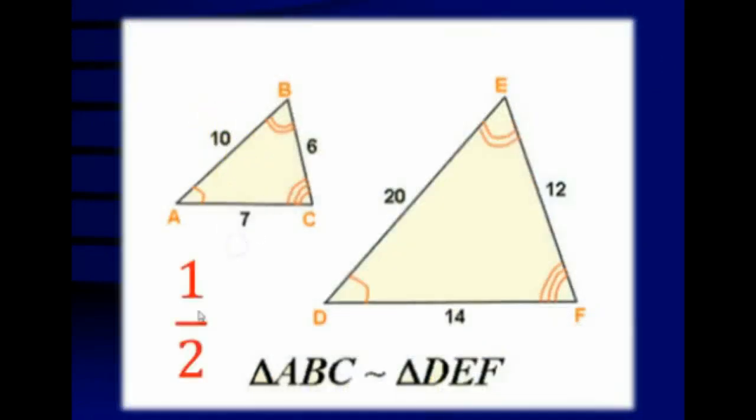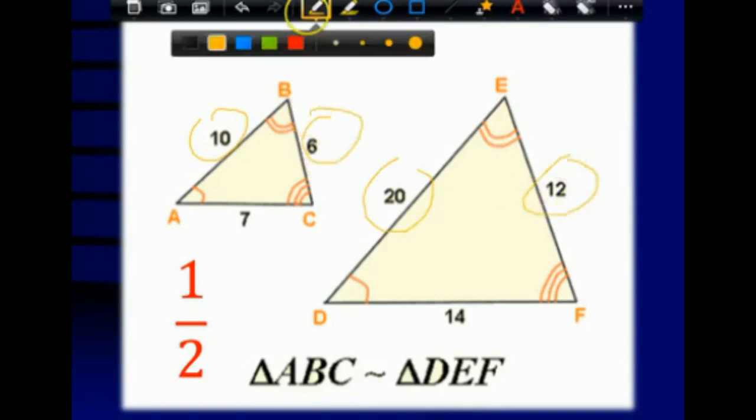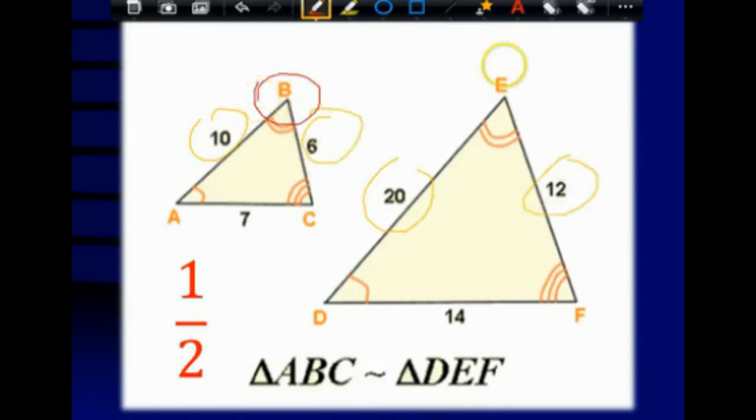If we show that these ratios are the same, but maybe we only have angle B and angle E given to us, and we show 10 to 20 and 6 to 12, so we show this ratio and this ratio, and then we show this angle, that will be a side angle side similarity situation where you can apply that theorem to prove these triangles similar.